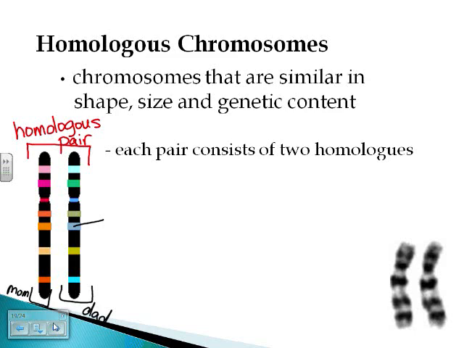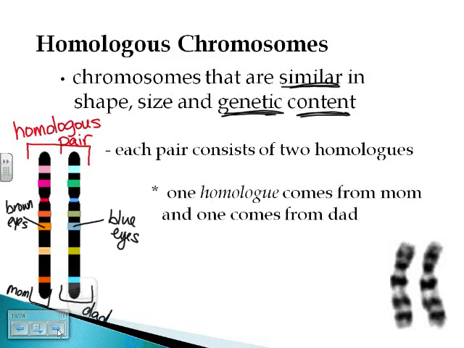Let's say that this is a gene for blue eyes, whereas this is a gene for brown eyes. They're similar in genetic content. It's still the eye color gene. It's just a different manifestation of the gene. So it's still coding for the same type of trait, it's just exactly what the trait looks like that's different.